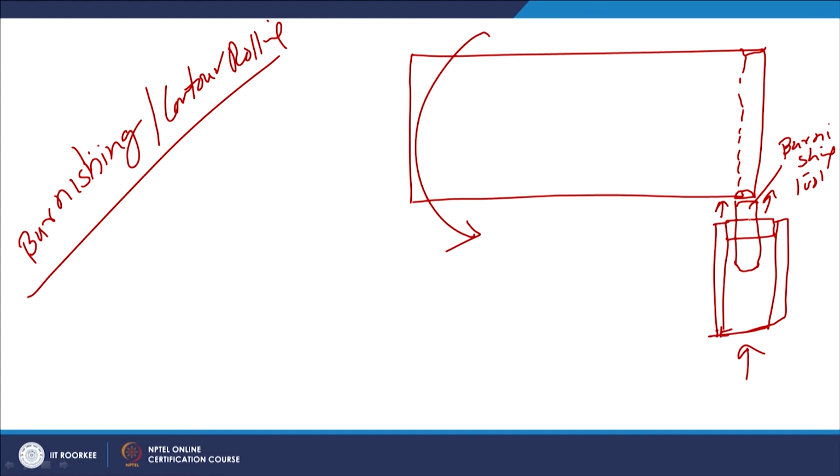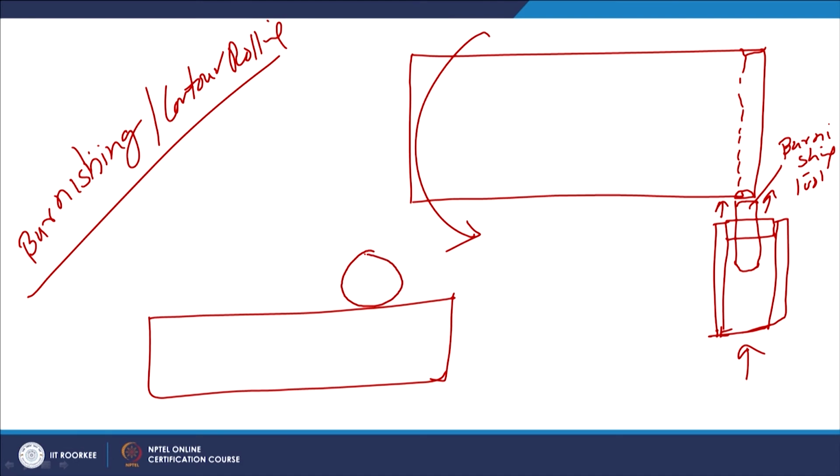By pressing the burnishing tool against the rotating substrate, there can be another way wherein the roller, under pressure, is moved over the surface of the substrate. The substrate surface is flat and the burnishing tool is moved over it, so that it causes localized plastic deformation of the near surface layers.